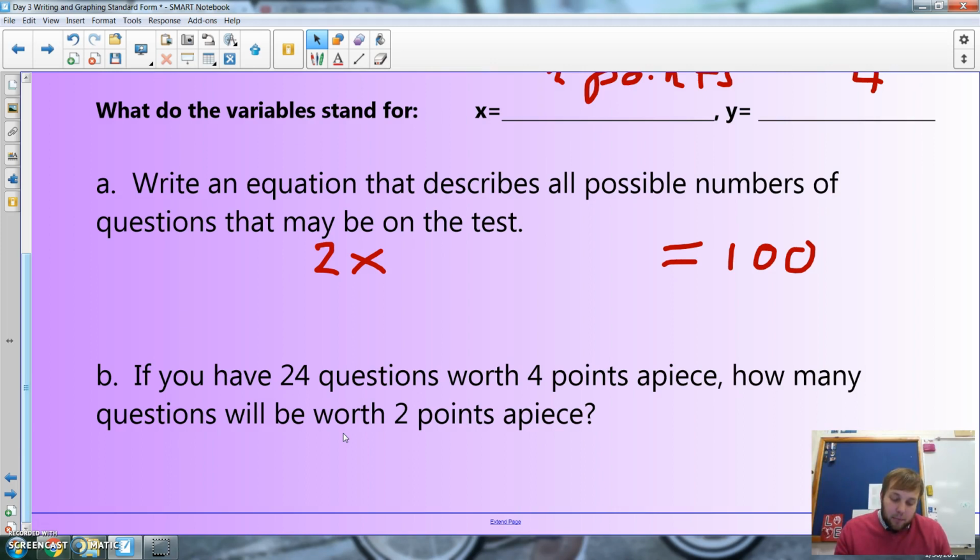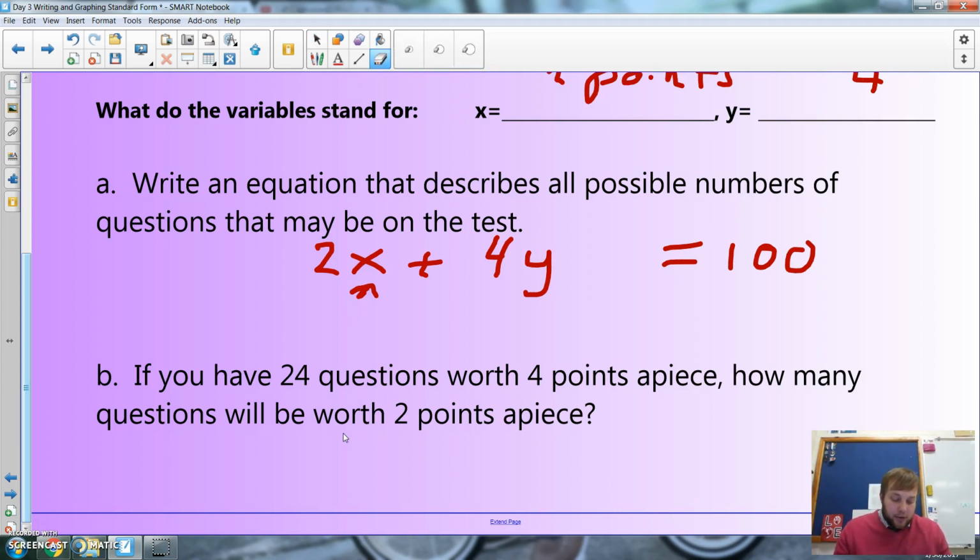Plus, all my y's are worth 4 points. So that means if I have one y, I'll only have one question worth 4 points, and the rest have to be in x's, right? Or maybe I want to go light on the x's. Maybe I only want to have one x, right? All right, so this is going to be my final equation.